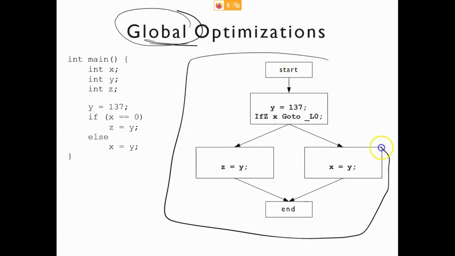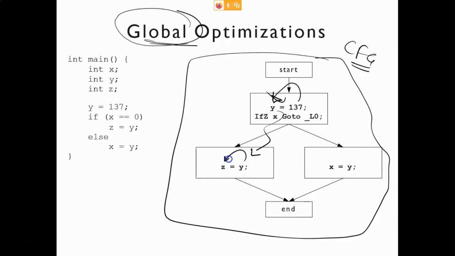Global optimization means you are doing optimization on this complete control flow graph, among the basic blocks. So what optimization can you do? See, in this basic block, y equal to 137. Here you can apply the constant propagation. I told you constant propagation means you are assigning this constant to this variable.